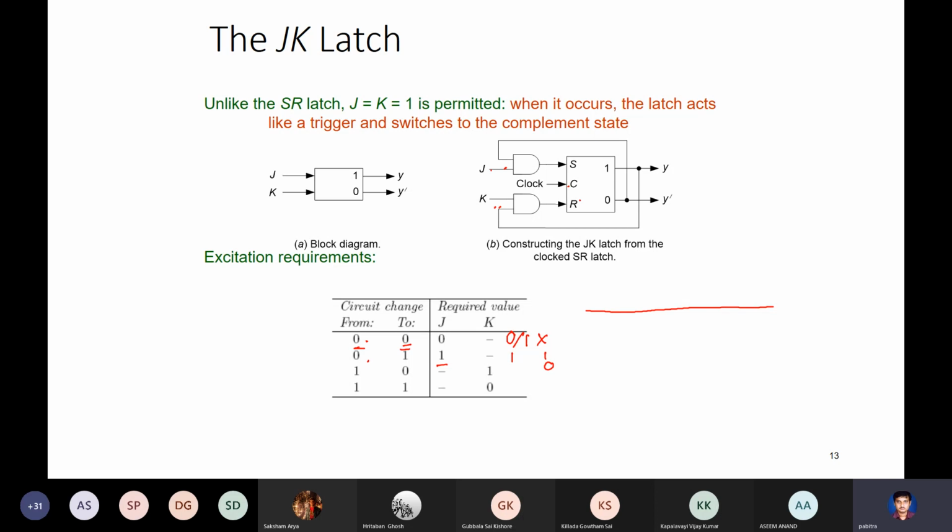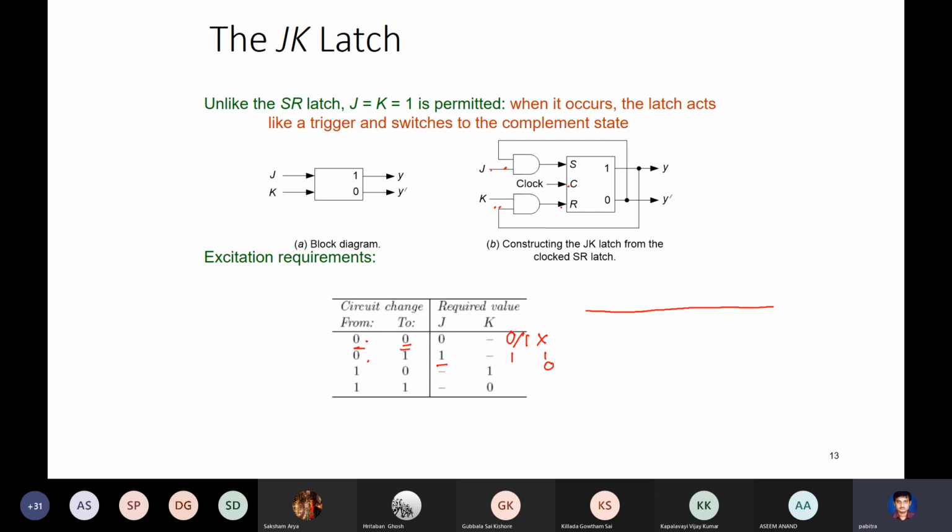That's what I want. You can check it from this circuit, and that is exactly what will happen. Given the excitation table of the SR latch, add this additional AND circuit, and you get this new excitation table.